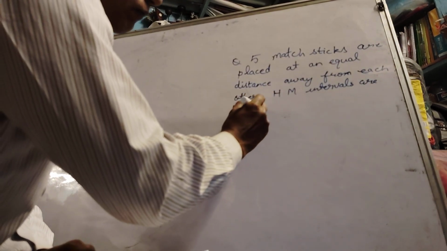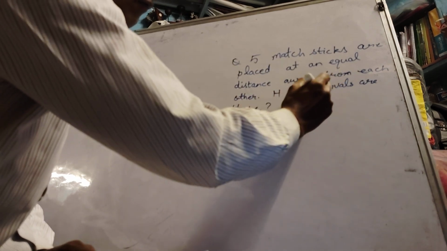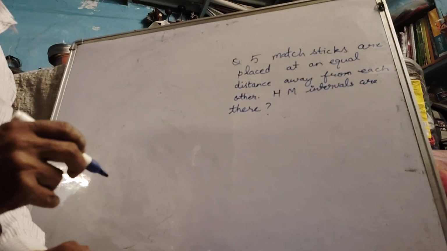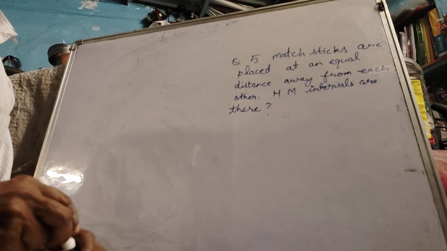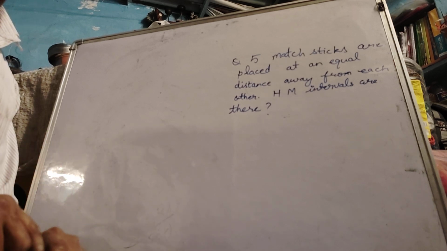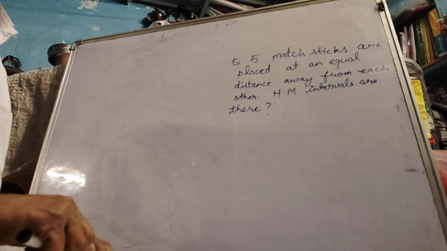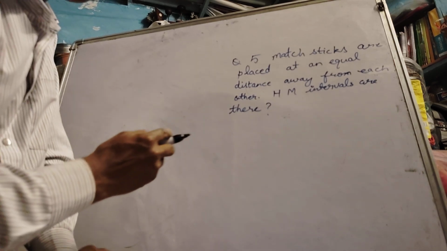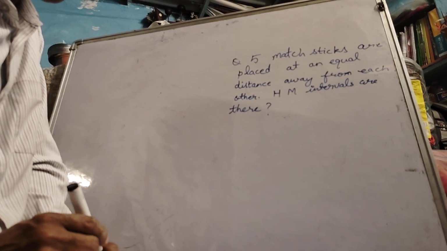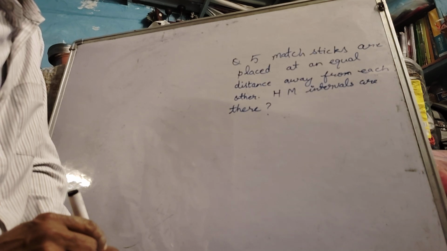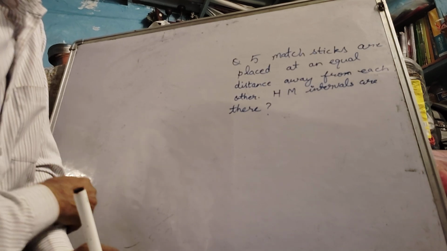What do you mean by how many intervals are there? Like the previous tree question, this question is the same as the previous one. So basically, how many spaces are there between the matchsticks?